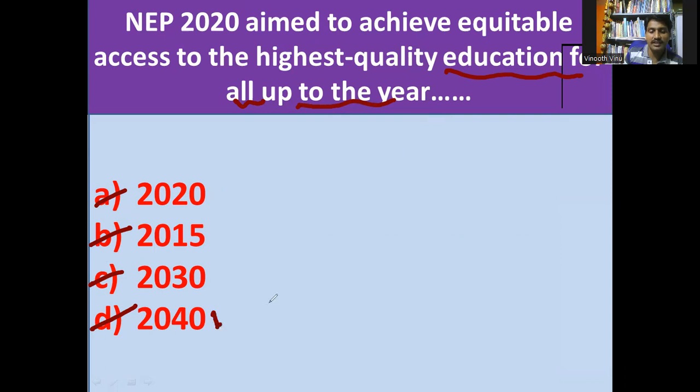Option D is the right answer, 2040. By 2040, there should be no person in our country who is not educated. That is the target of National Education Policy 2020.